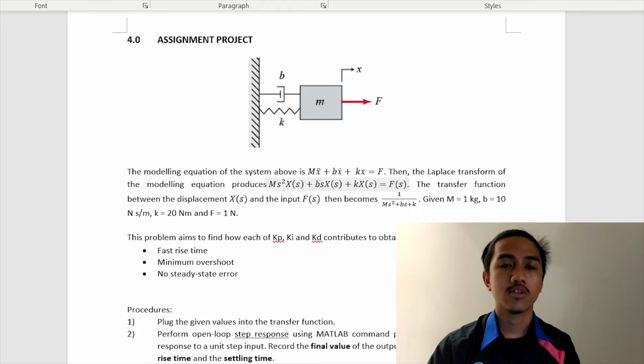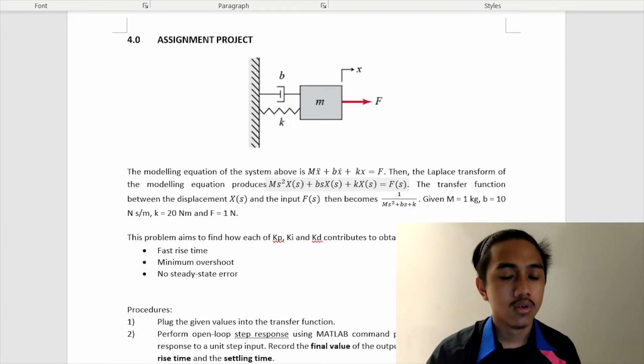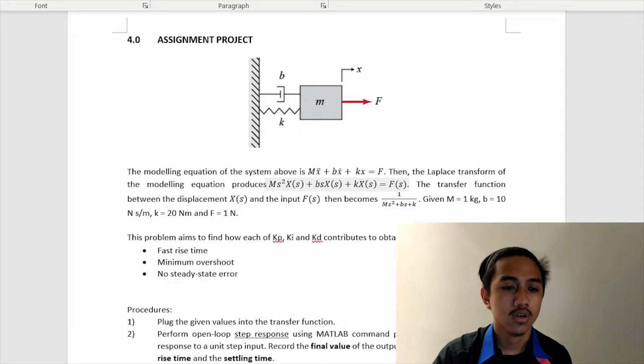So I will explain about the problem given in our assignment. So this is our modeling equation. The modeling equation of the system above is mx'' plus bx' plus kx equal to f. Then the Laplace transform of the modeling equation produces ms^2 X(s) plus bs X(s) plus k X(s) equal to F(s).